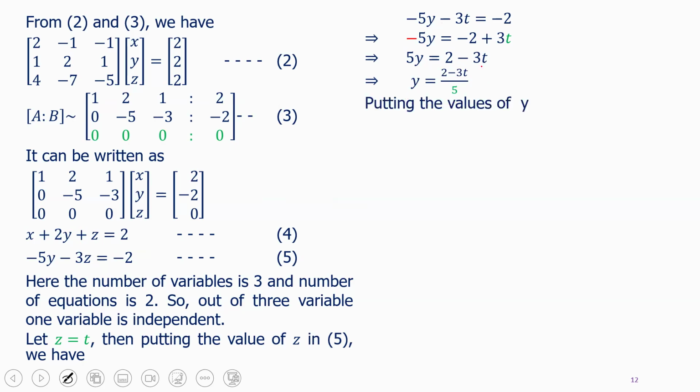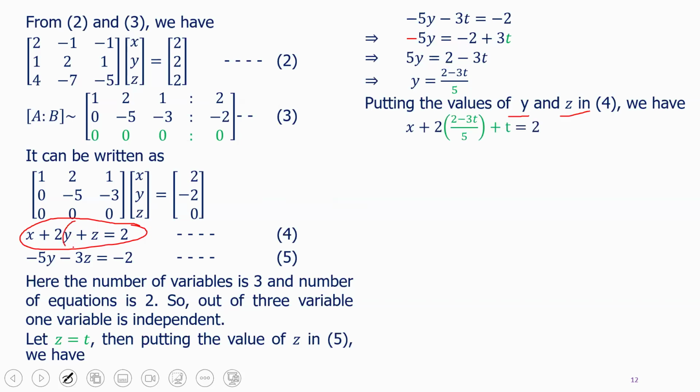Now, putting the values of y and z in equation number 4, we have x plus y, which is (2 minus 3t) upon 5, and z, the value of which is t.